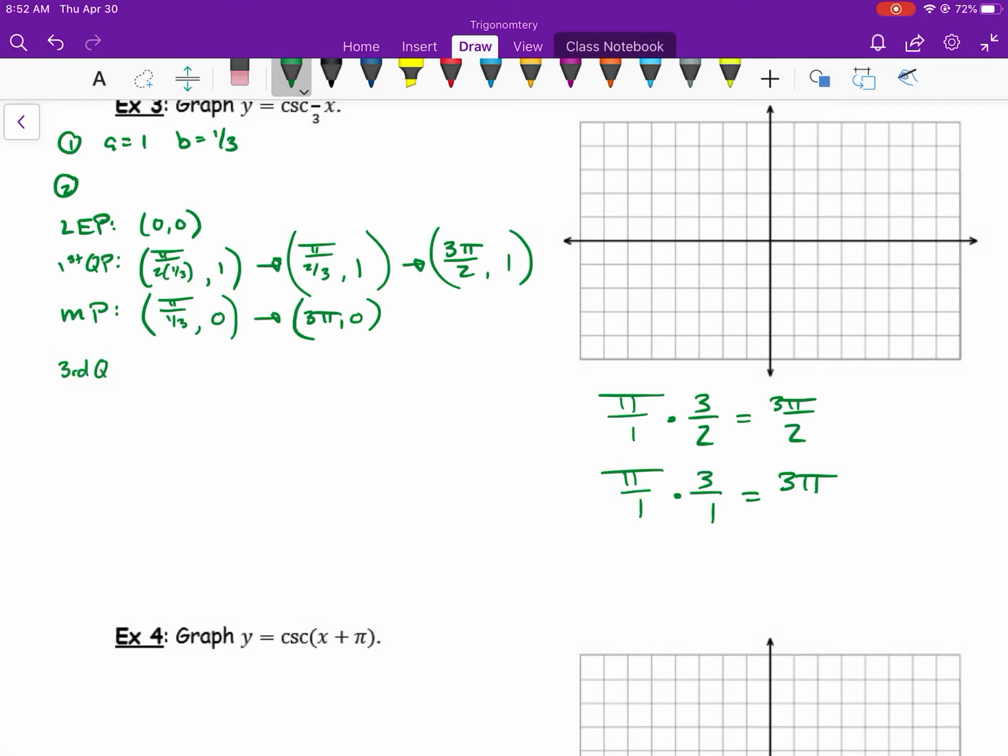And then my third quarter point is 3 pi over 2b, so 3 pi over 2 times 1/3, negative A, which is negative 1. So this becomes 3 pi over 2/3, negative 1. It'll be 3 over 1 times 3 halves. This gives us 9 pi over 2.